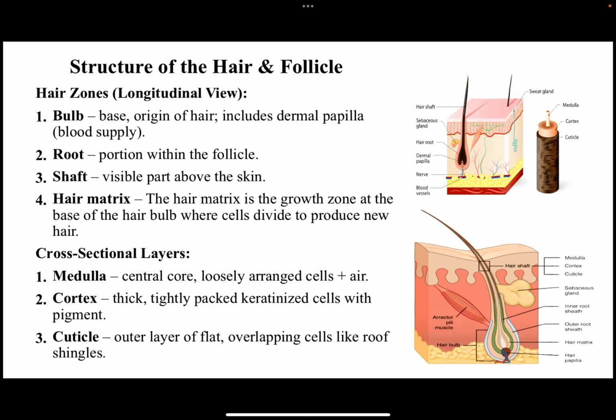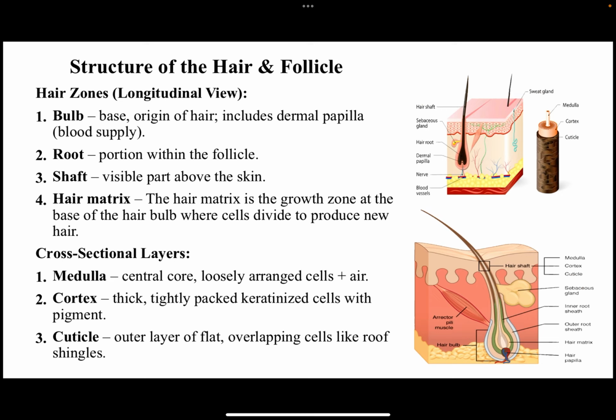But if you are looking at it longitudinally, we have the bulb of the hair. Okay, good. That is the base, the origin of the hair, where we have the dermal papilla, which is connected to the blood vessels. Then we have the roots of the hair.